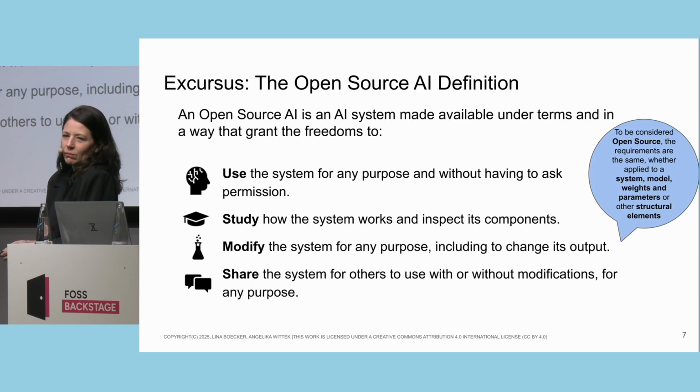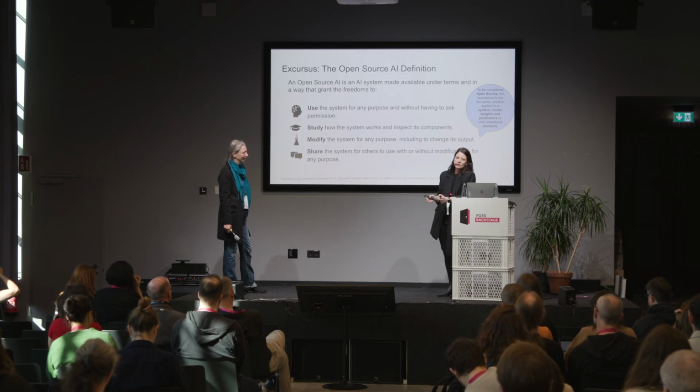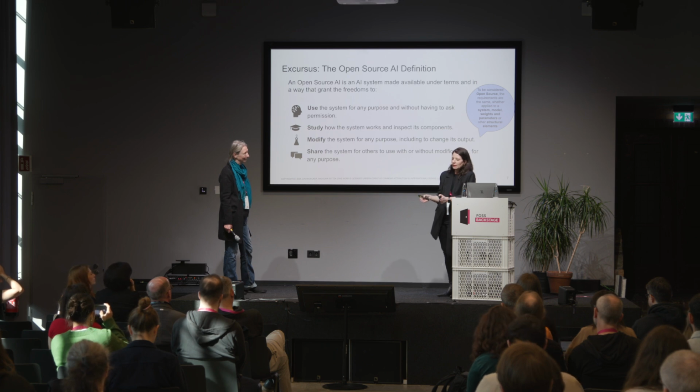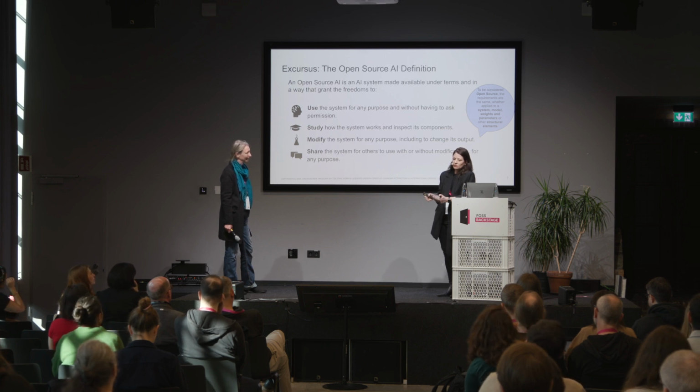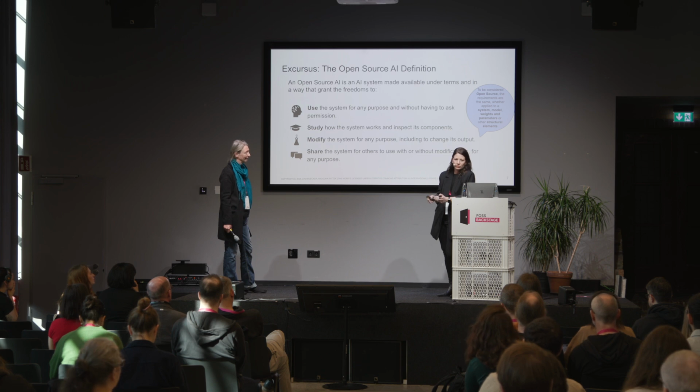But what is open source AI? I'm pretty sure that most of you have heard about the discussion of the Open Source Initiative. They started around 2 or 3 years ago and discovered that open source code does not necessarily mean that an open source coded AI model or system is open source as well, if open source is understood as the most transparent and collaborative way to publish artifacts, whatever they may be.